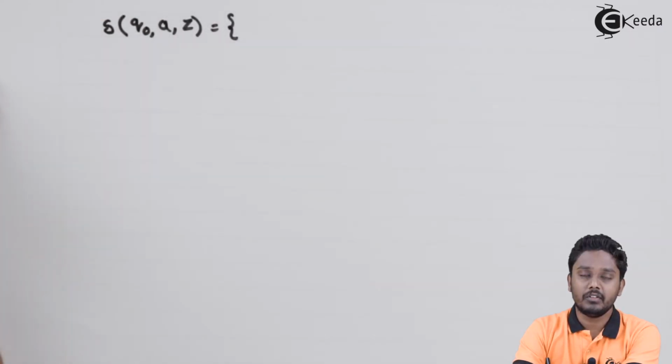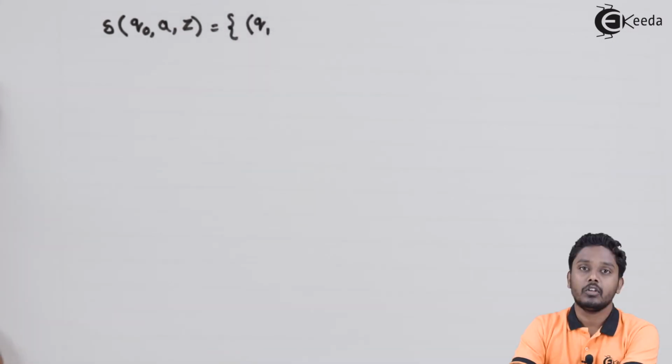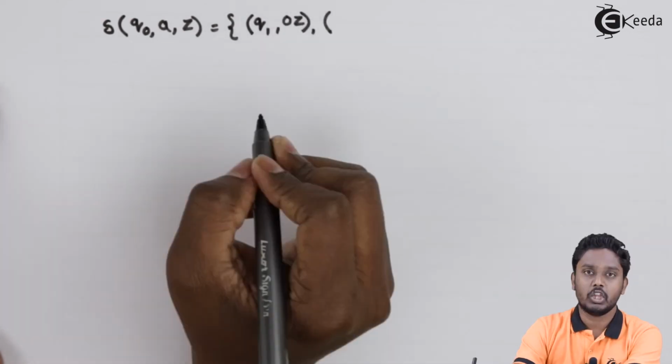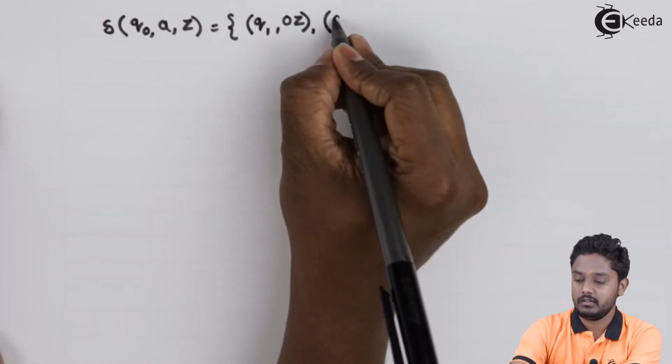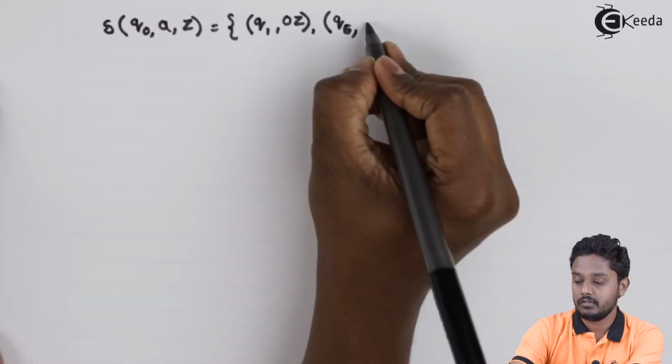We have two transitions, one to state Q1, the other to state Q5. Q1 is pushing a 0 onto the stack and Q5 keeping the Z as it is.